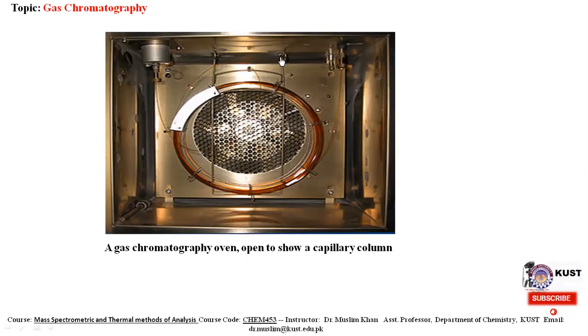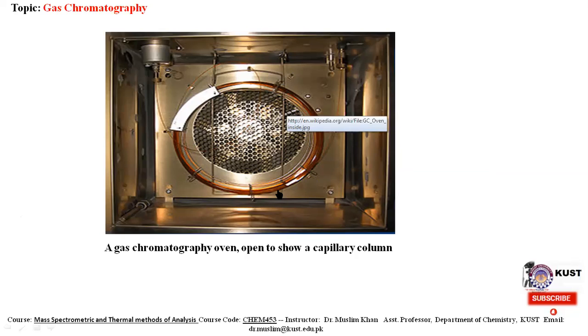This is the oven of the gas chromatographic system. This is a thermostat oven where you can keep the temperature constant, or increase or decrease it. Inside this oven there is a long column of the GC system.